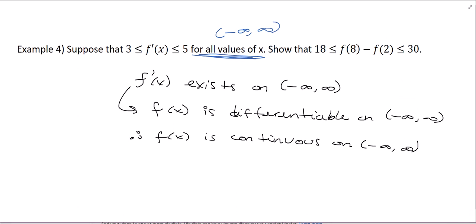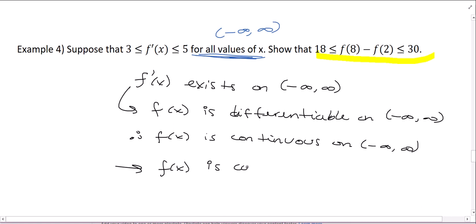And so now I'm going to focus my attention on this part of the problem. Notice that I have f of 8 and f of 2. So that kind of looks like an f of b minus f of a, right? So because I see that, I'm going to say, well, because f of x is differentiable on the entire real line and is continuous on the entire real line, I'm going to make the claim that f of x is continuous on the closed interval 2 to 8.